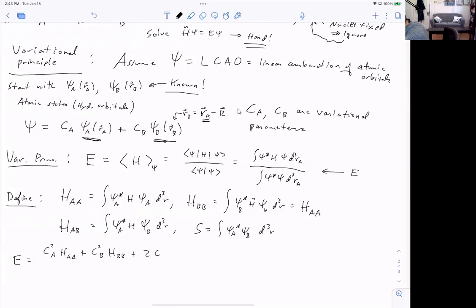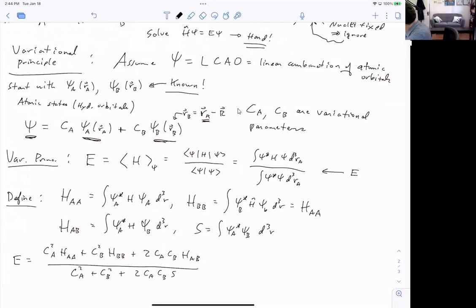And so that's what the energy is, assuming the variational form of the wave function up here, right?